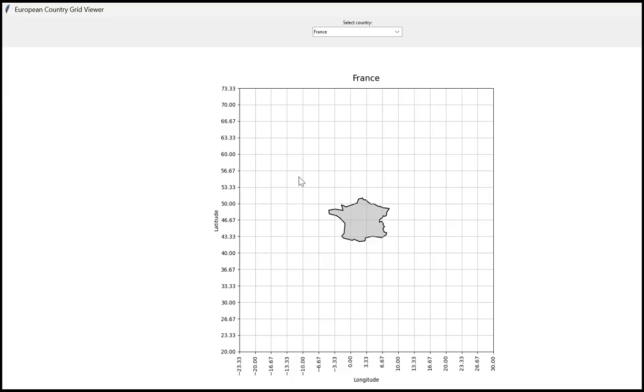So Europe, a lot of Africa, covering a confined latitude range.